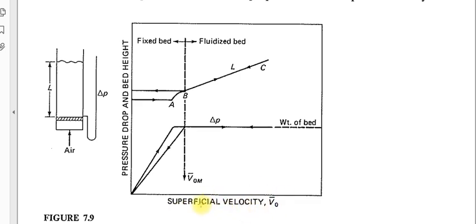When you plot the superficial velocity of gas versus the pressure drop across the column, while the bed is fixed and the gravity force is high, increasing the velocity of the fluid increases the pressure drop across the column, but the height of the column remains constant.